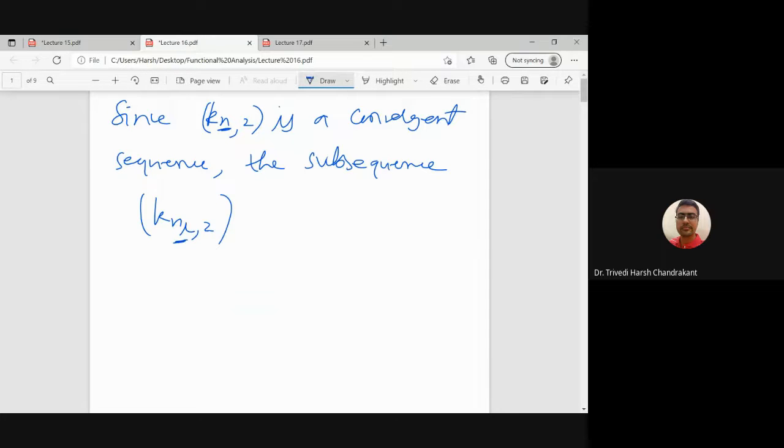So since the original sequence is convergent, we know the result from real analysis that if the sequence is convergent, every subsequence is convergent. So this subsequence is also convergent. Oh, sorry, this is bounded, right?